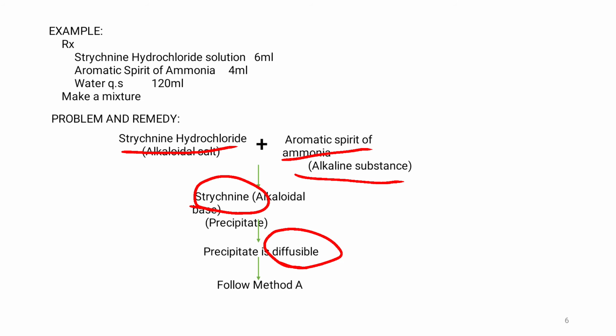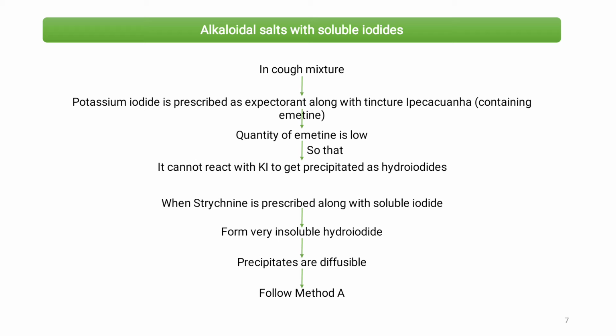Then the next one is alkaloidal salt with soluble iodides. In cough mixture, potassium iodide is used as an expectorant, which means to expel the cough, along with tincture of ipecac.